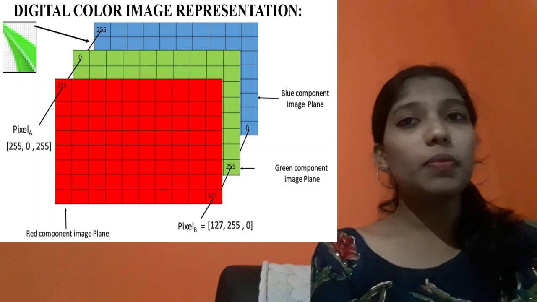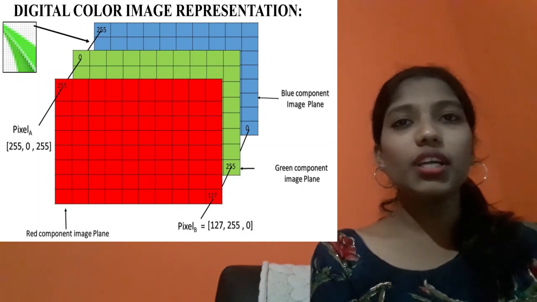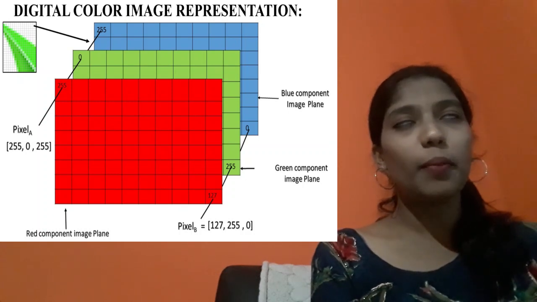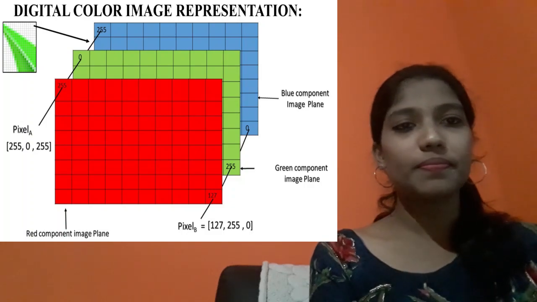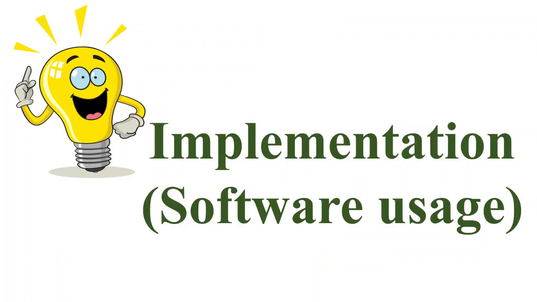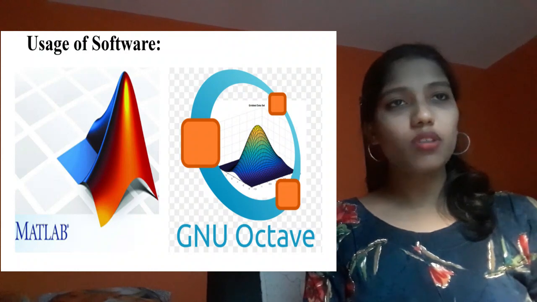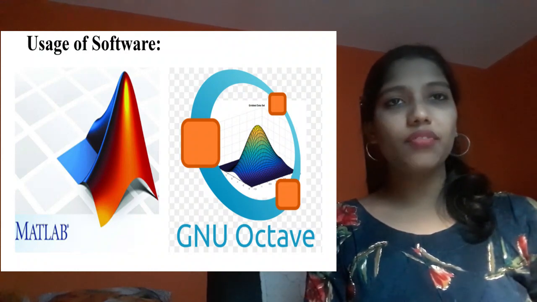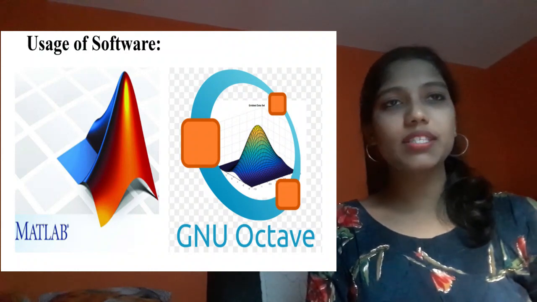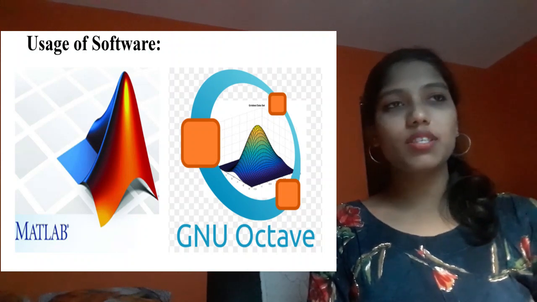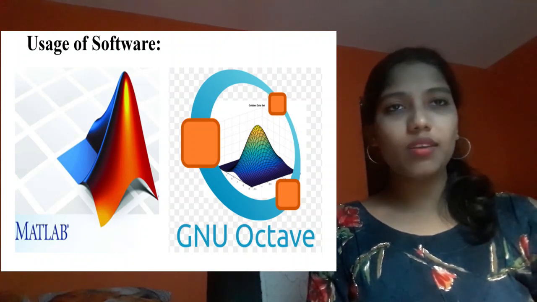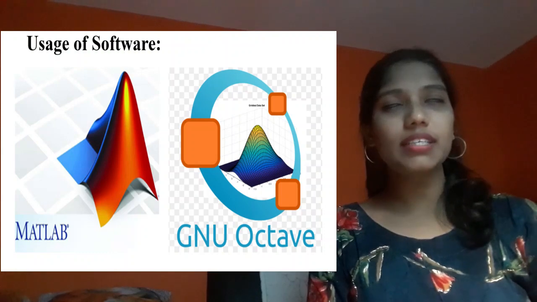This way, impulse noise is added to a digital image during transmission or point-to-point communication. This project is a software research project, and we implemented this using MATLAB and Octave software. The pixel values of a digital image are represented as a matrix.